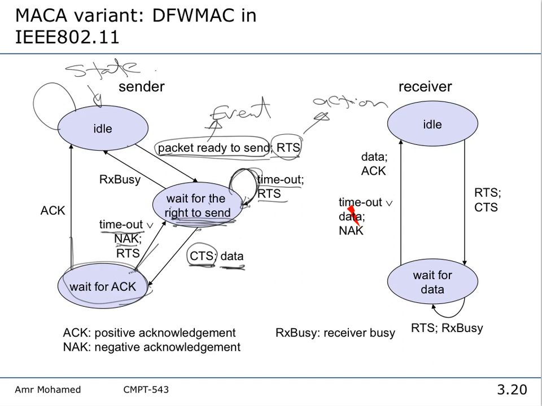But these two events, the timeout or data received successfully, if you see the corresponding arrows here, correspond to two different functions being performed at the sender, right? Although it is the same arrow, if that event happens, do this; if that event happens, do that.